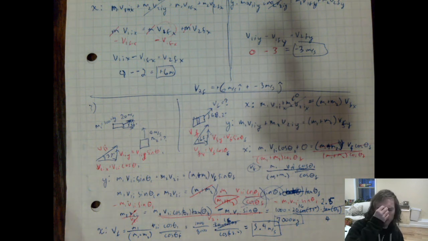In my head, I'm fairly confident that the way I designed the problem, the final answer should be such that the y component is 10 meters per second and the x component is 4 meters per second.